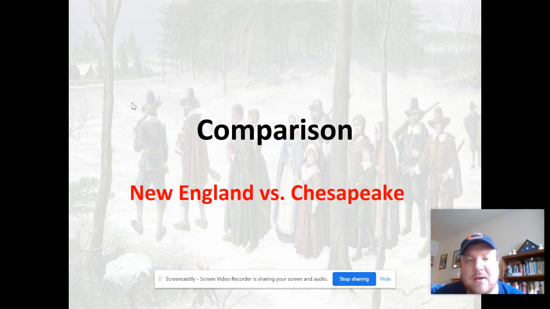So for our comparison piece, we're going to compare New England with the Chesapeake region. Chesapeake's going to include Virginia and Jamestown as well. And that area really, by the time of the mid-1600s into the 1700s, is going to be made up of a lot of lower class people coming from England to make a quick buck, and a lot of indentured servants.